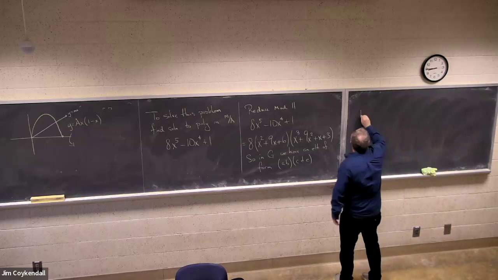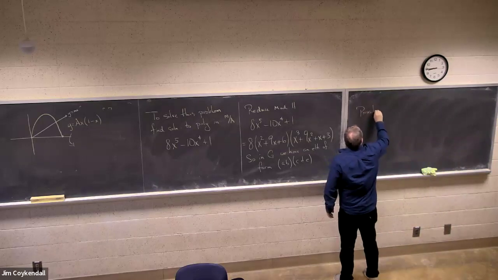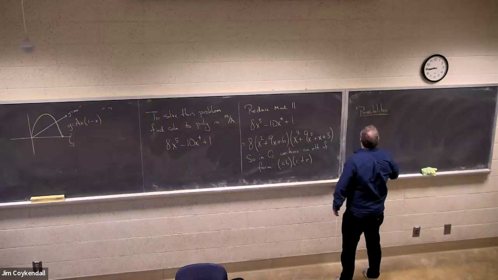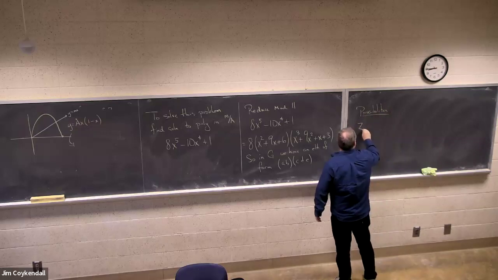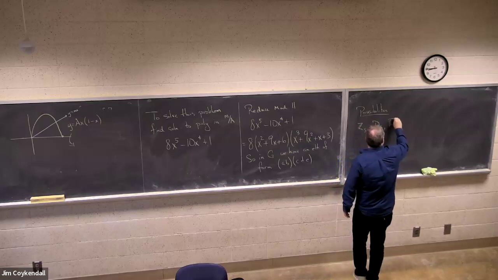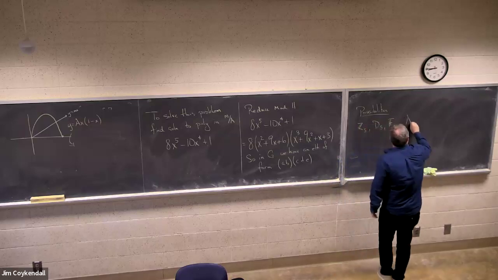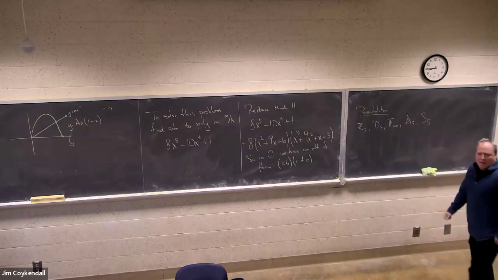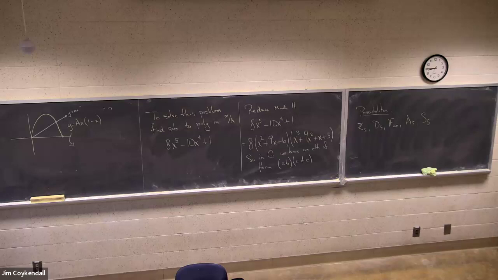Now, the possibilities are those 5 transitive subgroups, specified up to isomorphism.